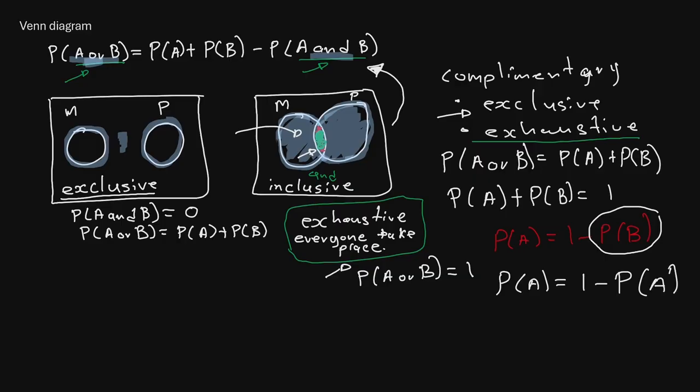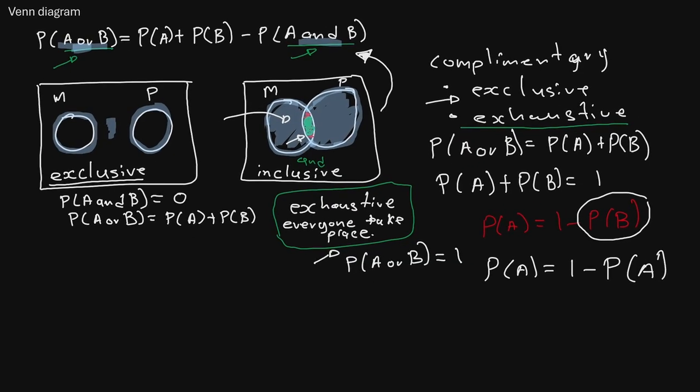So this means that if we have a probability of not A, for us to get the probability of A, we are going to say if the events are complementary.